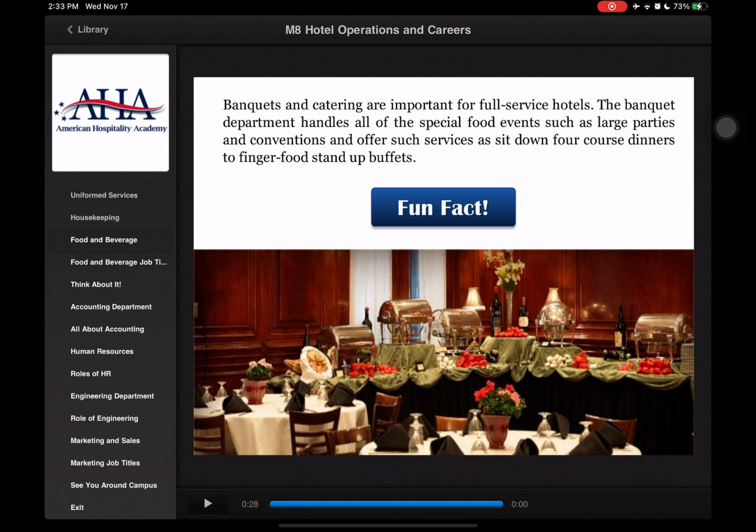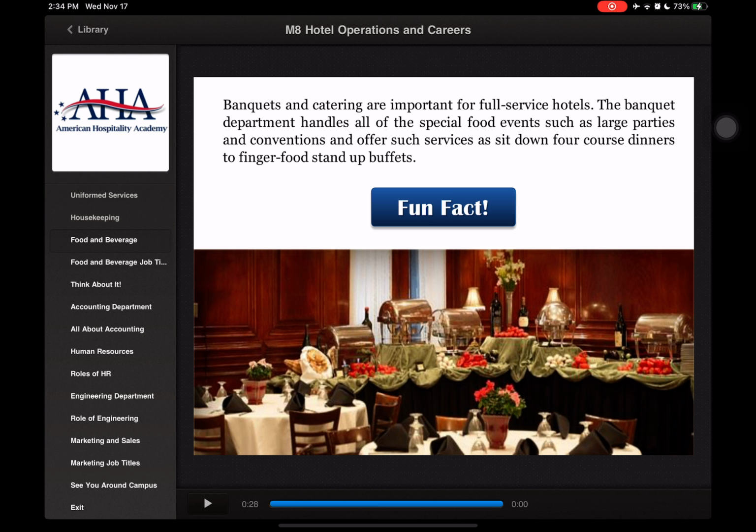Within full-service hotels, you will also find a banquets and catering department within the food and beverage operations. This department handles all of the special food events such as large parties and conventions, and offers such services as sit-down 4-course dinners to finger food stand-up buffets.